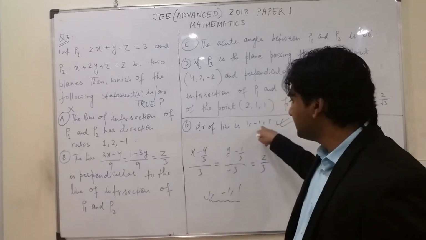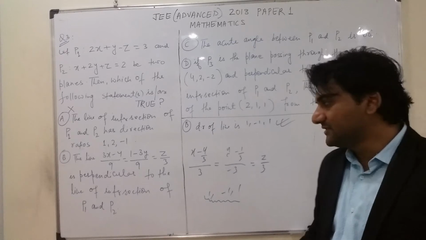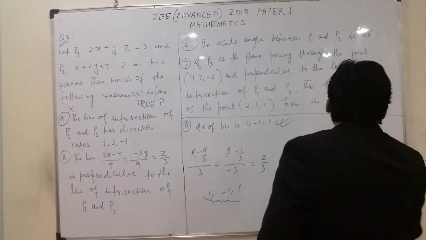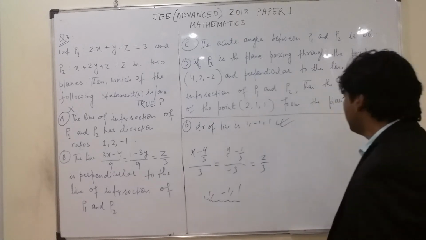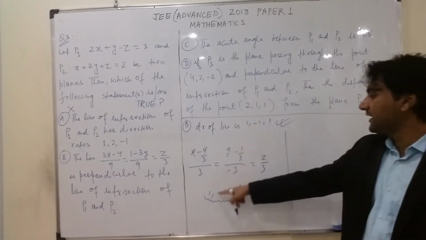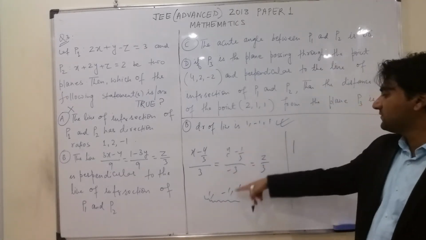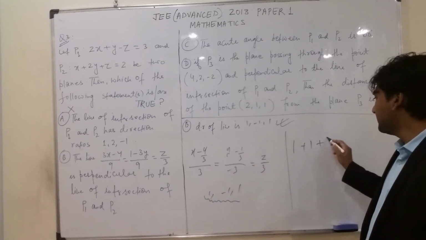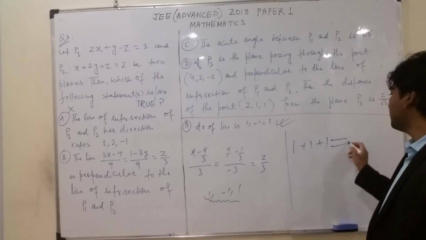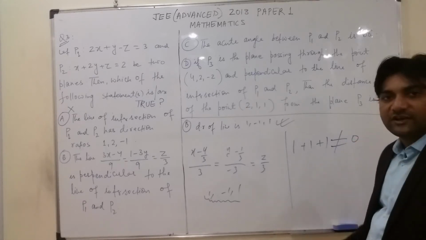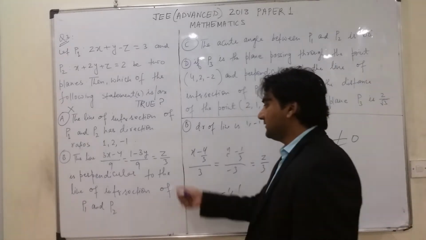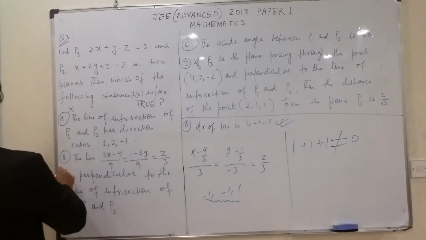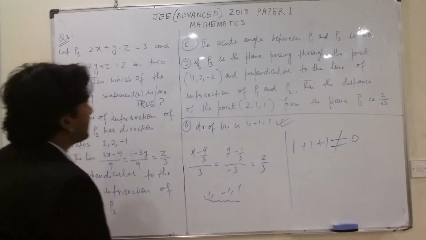If we don't get 0, then we say no, they are not perpendicular. So 1 times 1 is 1, minus 1 times minus 1 is again 1, 1 times 1 is again 1. So 1 plus 1 plus 1 does not equal 0. It means this is not perpendicular to the line of intersection of P1 and P2. So option B is also wrong.